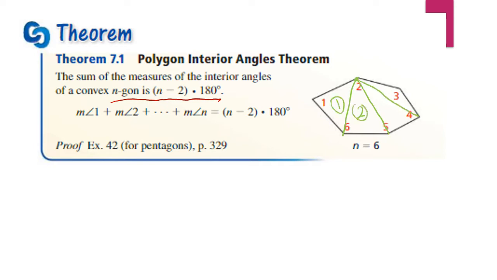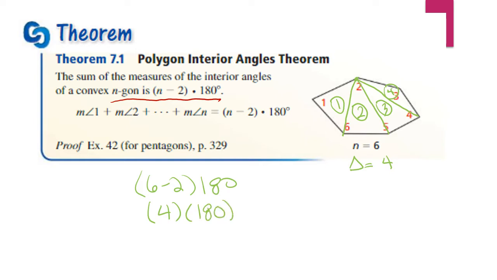In this particular case, we have a hexagon with 6 sides, and we have 4 triangles. So 6 minus 2 times 180. So we have 4 triangles, each with a sum of 180 degrees, and 4 times 180 is 720 degrees.